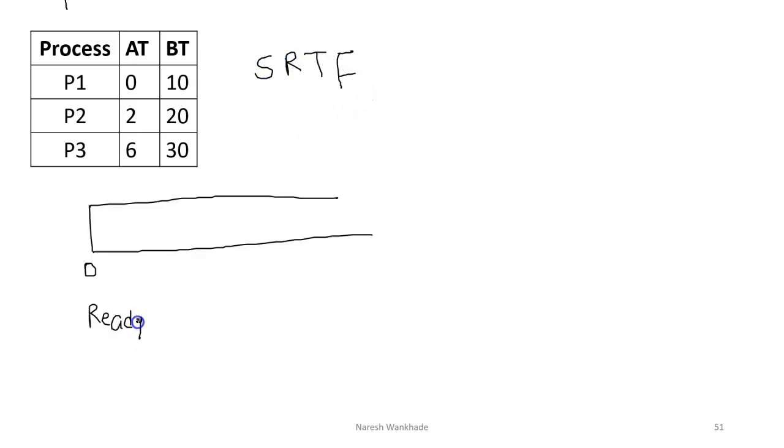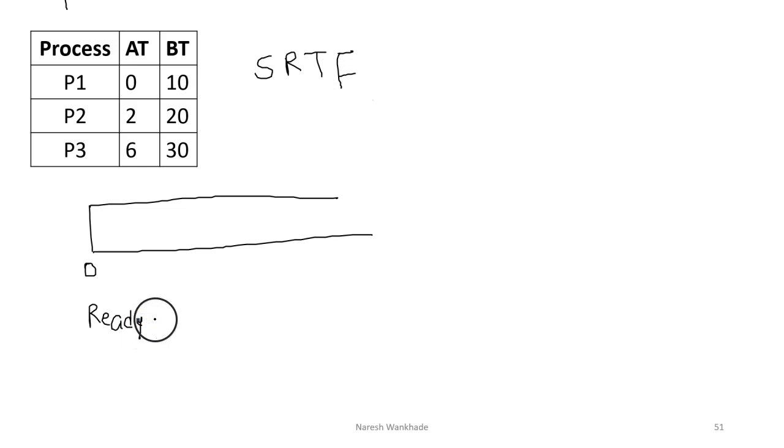So we have a table showing 3 processes, P1, P2, P3, which arrive at 0, 2 and 6, and the burst time for process P1 is 10, for P2 it is 20 and for P3 it is 30. Let's sketch the Gantt chart first. Here we have to follow the shortest remaining time first scheduling algorithm.